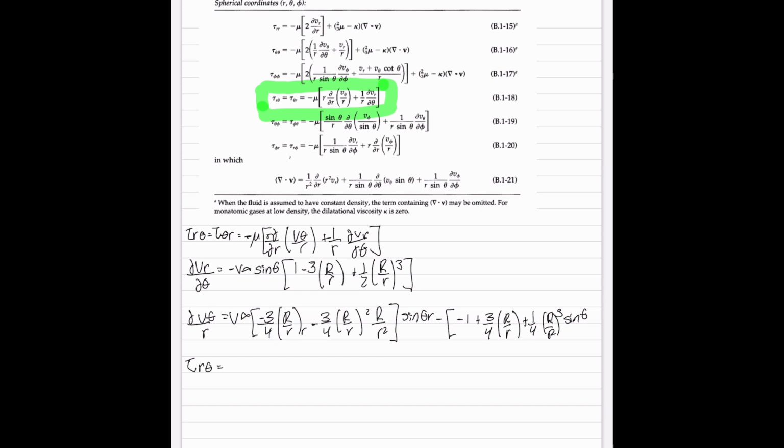And when you plug those two derivatives into that tau theta r, or tau r theta, this is what your stress tensor becomes. And now you have the two stress tensors you need to calculate the shear stress tensors to help calculate the normal and tangential forces acting on the sphere.